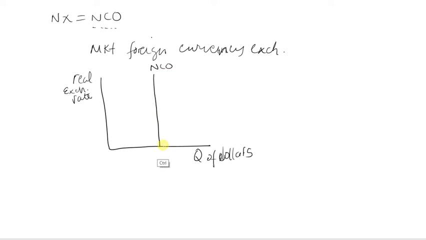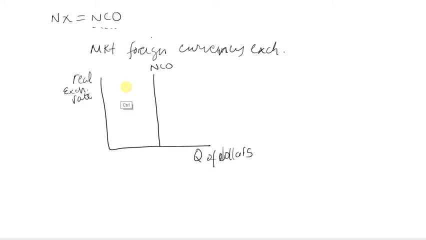And this is a vertical line because this NCO, we know it's independent of the real exchange rate. NCO will depend on the real interest rate, not on the real exchange rate, right? So the net capital outflow, what we invest in them minus what they invest in us, will depend on the real interest rate. So it's independent of the real exchange rate. It's a vertical line here, okay?